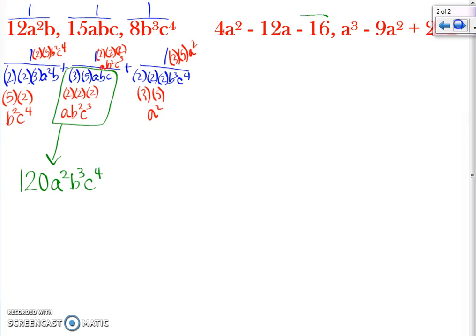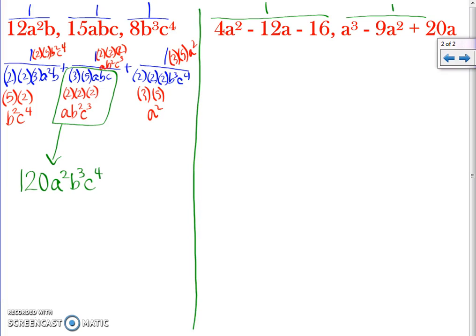So these are denominators. Let's practice factoring. What should we do first? Okay. Can we take anything out of this one? Okay.